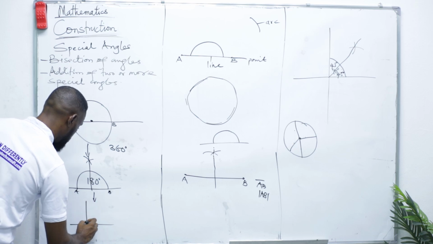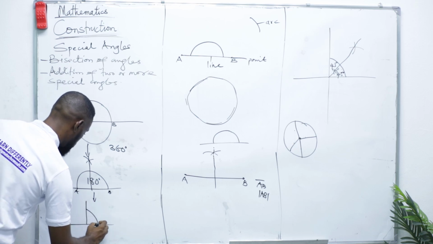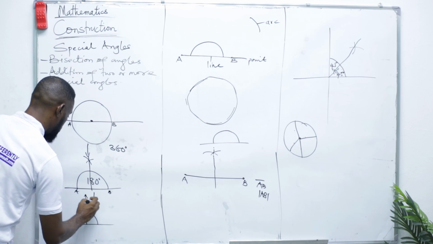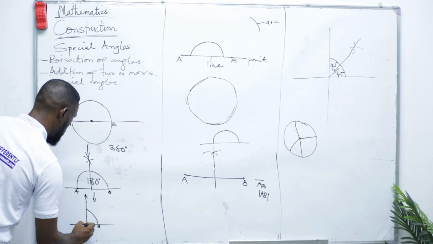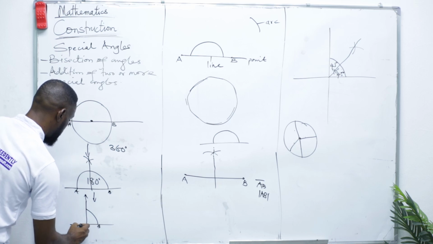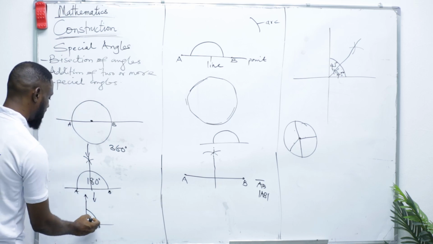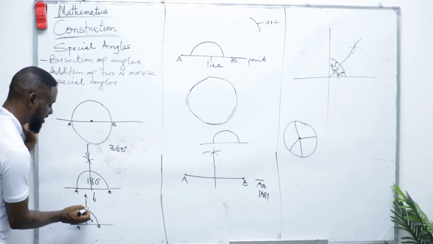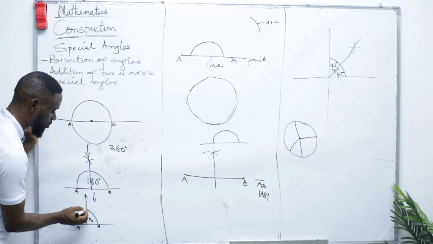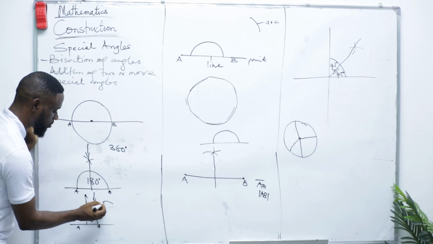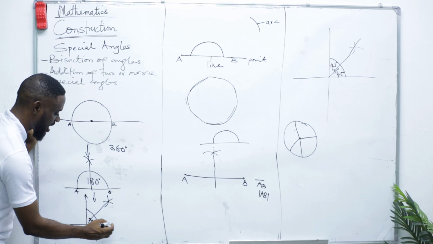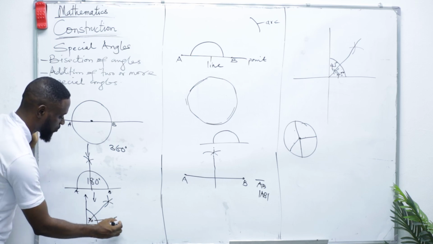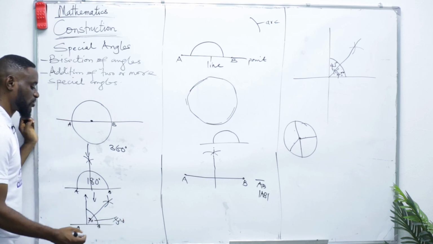Now here, we have gotten something like this. Can you see that? Okay, so this becomes our 90. So this is our B, and our A is somewhere here. So this has become our 90. Now, this 90, to bisect it, we can do that, and here we draw, so this now is 45 degrees. Do you understand?